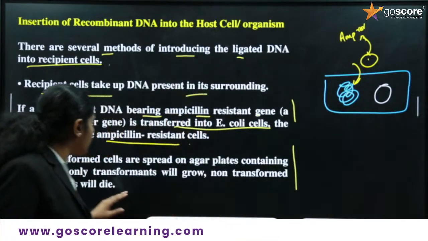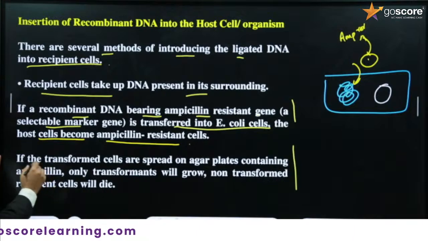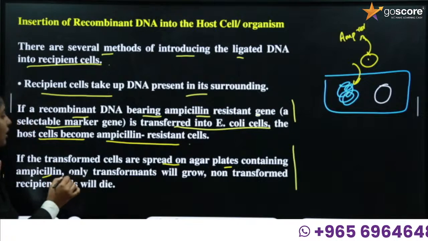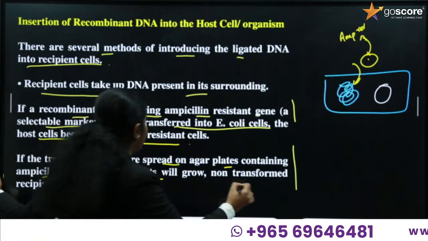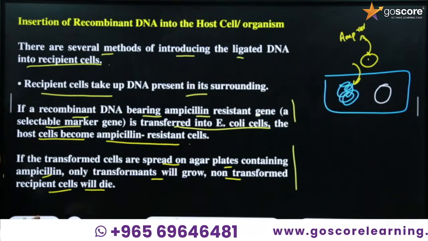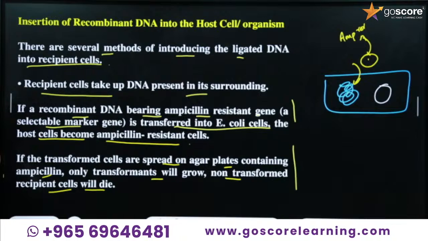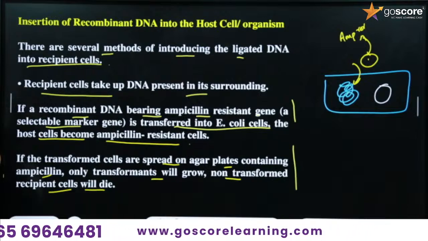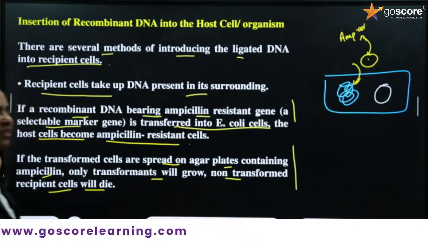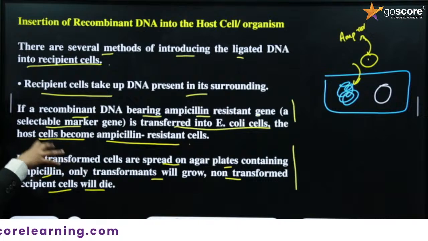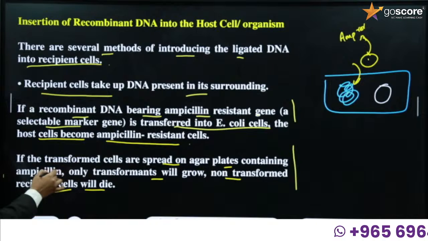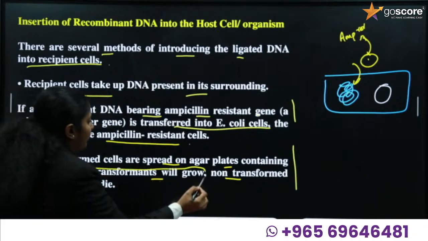The same condition is given next. If the transformed cells are spread on agar plates containing ampicillin, only transformants will grow; non-transformant recipients will die. Transformants are those which have taken up the recombinant DNA after insertion, and they will survive.